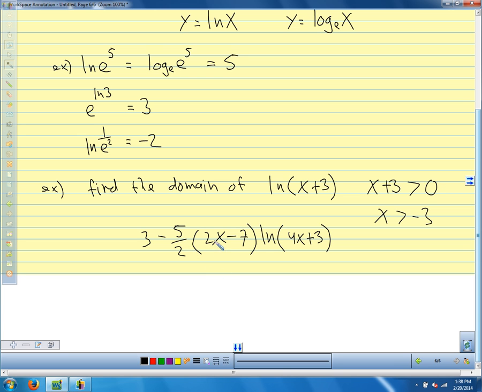I'm not dividing by 0. I'm not taking any square roots. I have to find where 4x plus 3 is greater than 0. So this is where x is greater than negative 3/4. Just solve that inequality. So, questions there on the domain?